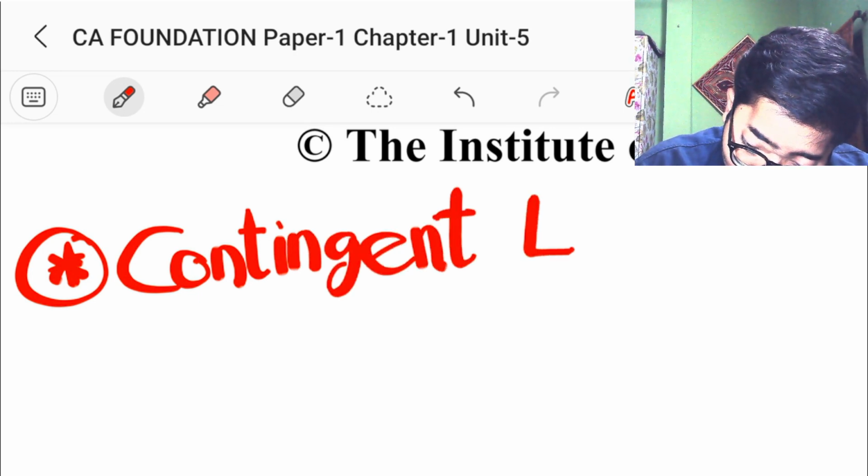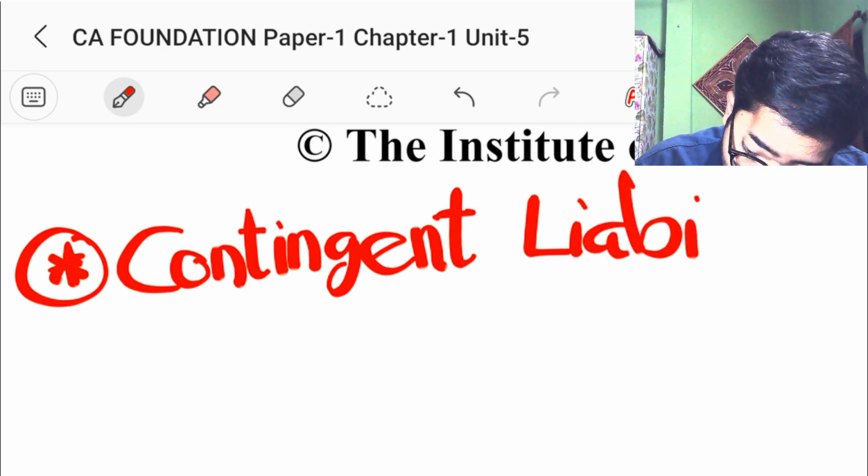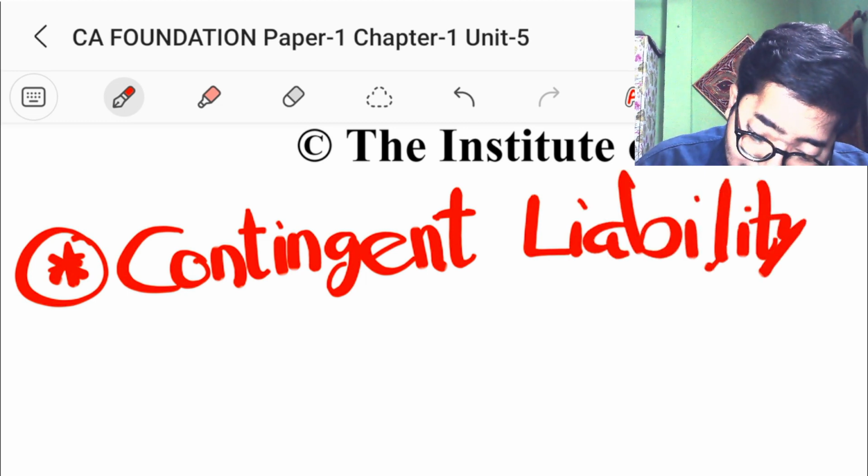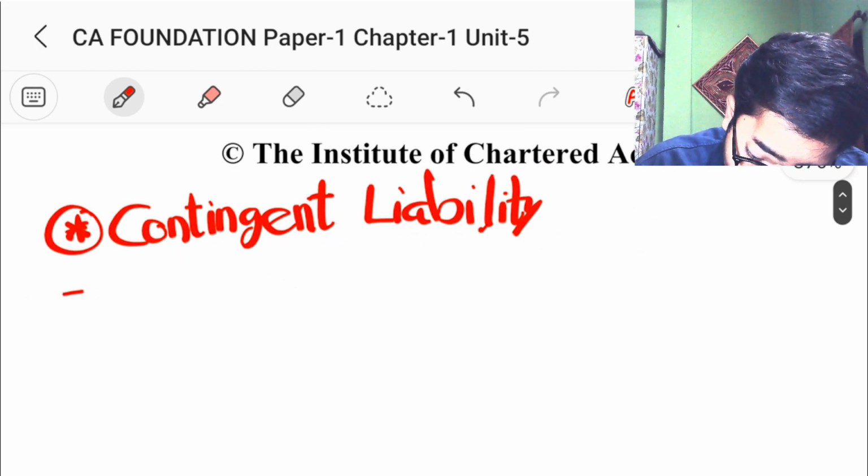Contingent liability. Contingent liability are of two types.